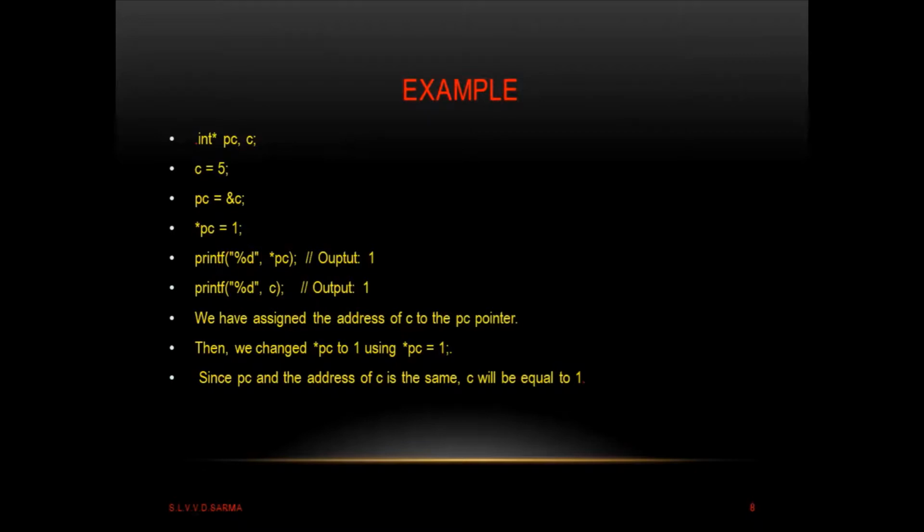We assigned the address of C to the PC pointer, and we changed the C value by using the pointer. Asterisk PC equal to 1: 1 will be assigned at the address location PC holds. This new value will be stored, so indirectly we change the C value.